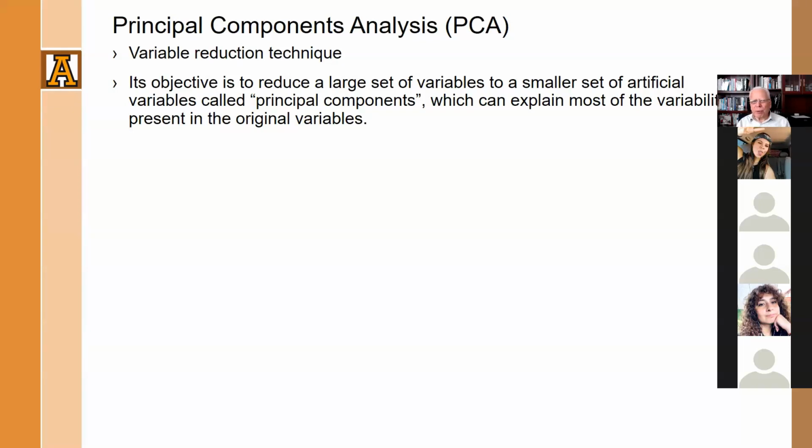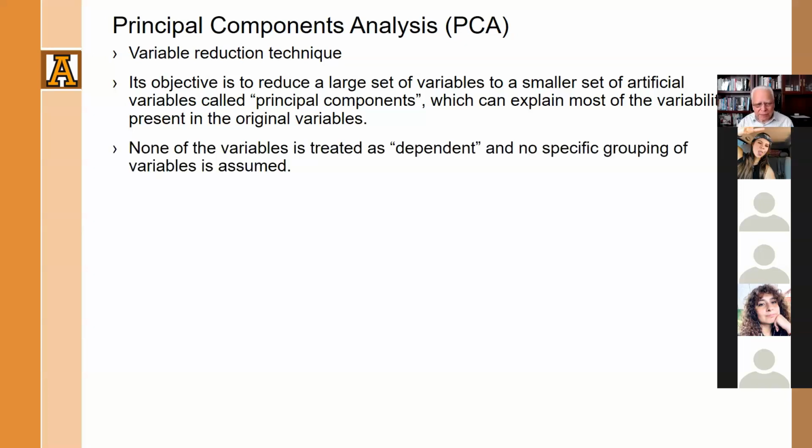So all the p variables we have represent certain variability in the behavior of the population, and we want to find a subset of those variables, and not really a subset. We want to find some artificial variables that we will build based on the original variables that can explain most of the variability present in the original variables.